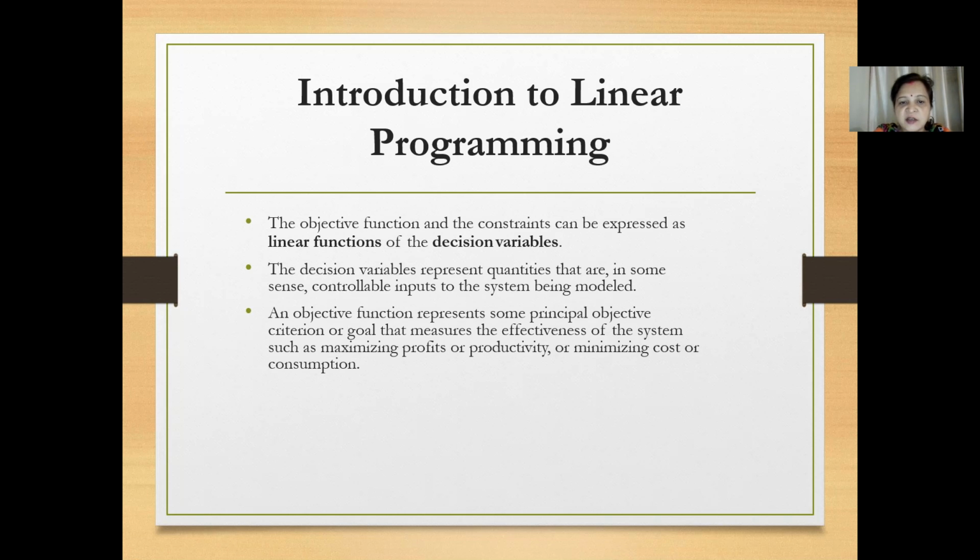An objective function represents some principal objective criteria or goal that measures the effectiveness of the system, or we can say that the objective function represents what we want from the system. We want to maximize the system, or we want to get the minimum value from the system.